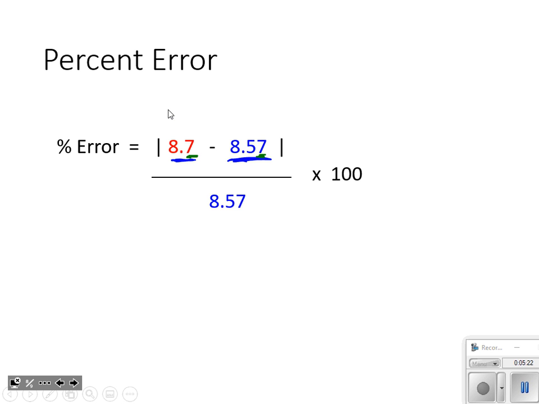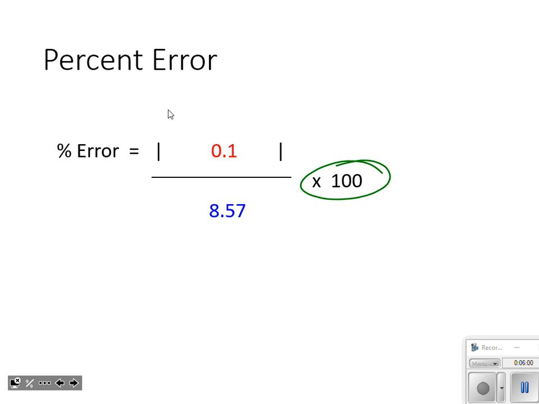So when I did my math there, I came up with a 0.13. 0.13 has to be rounded to the tenths, so how am I going to round that one, Paige? 0.1, excellent. So with sig figs, I'm going to have that at 0.1.